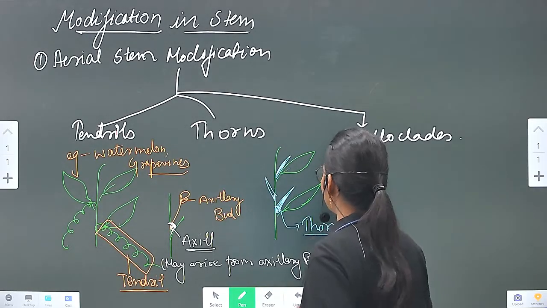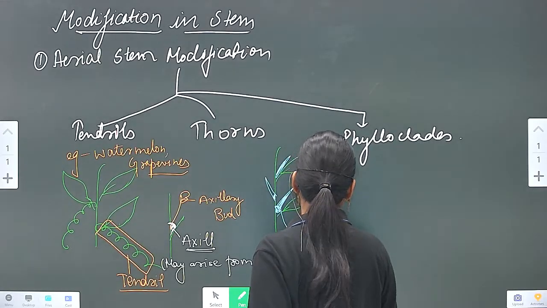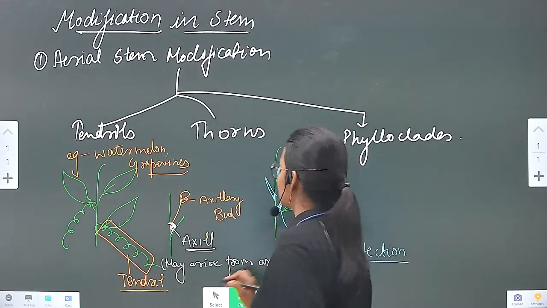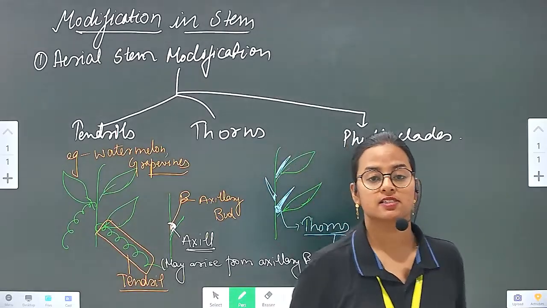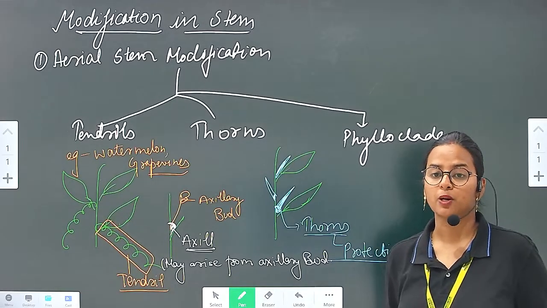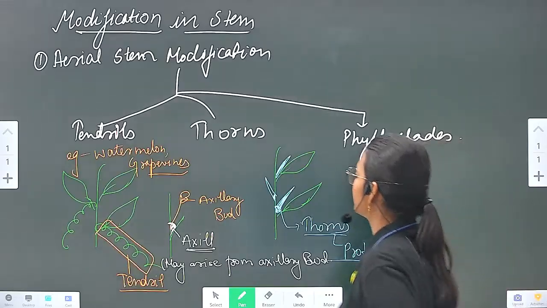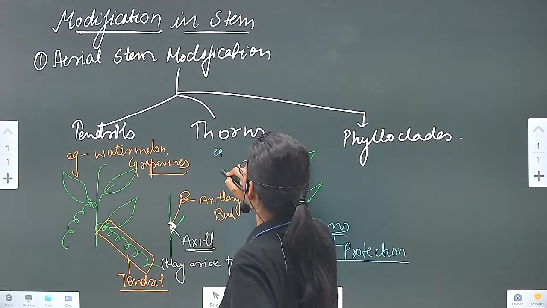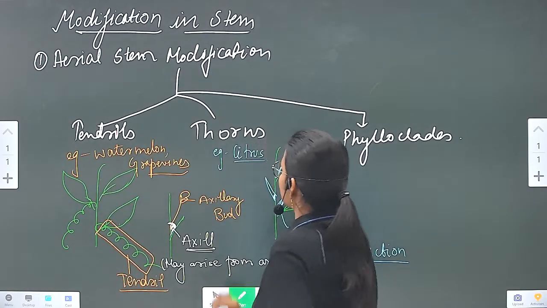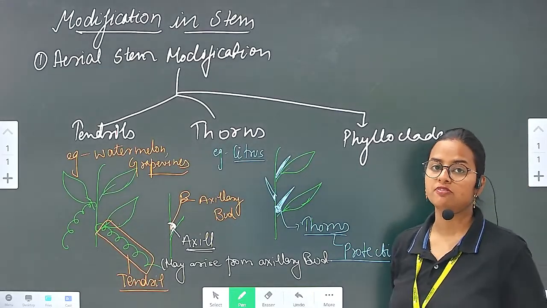Their role is protection from browsers and grazers. Is that clear? An example that you can mention here is citrus, the lemon, etc. Citrus is a typical example where thorns are present for the purpose of protection.